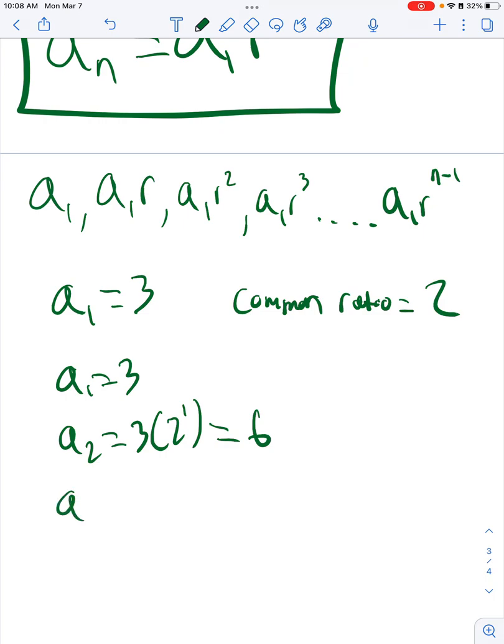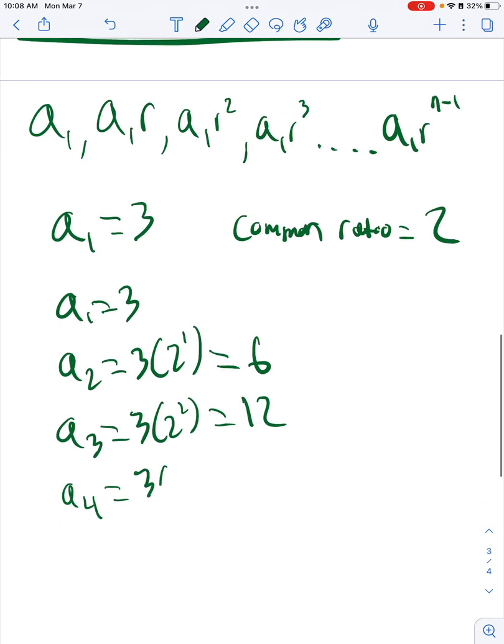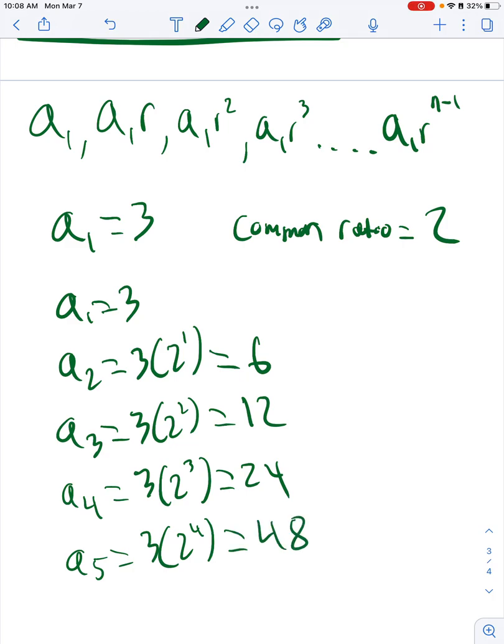A sub 2 is 3 times 2, which is 6. A sub 3 would be 3 times 2 squared, which would be 12. A sub 4 is 24, and a sub 5 would be 3 times 2 to the 4th power, which would be 48.